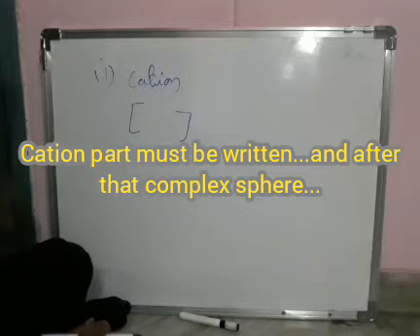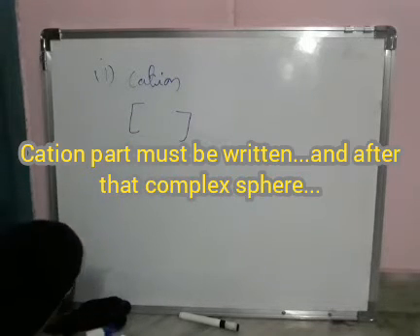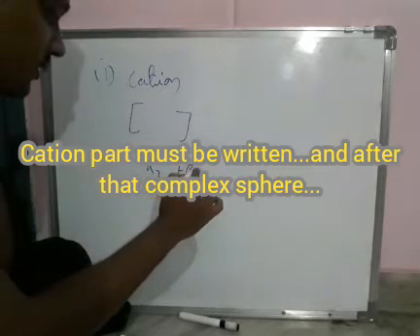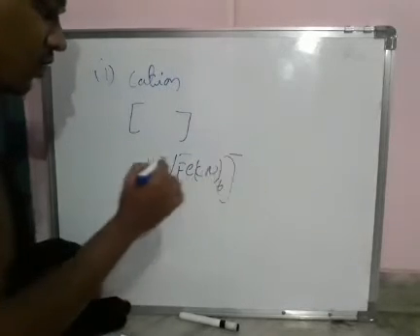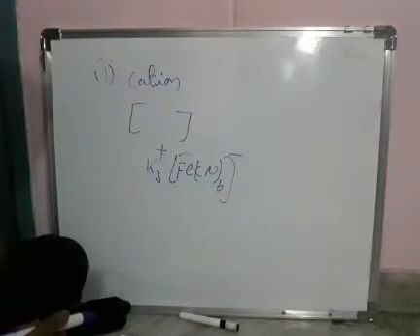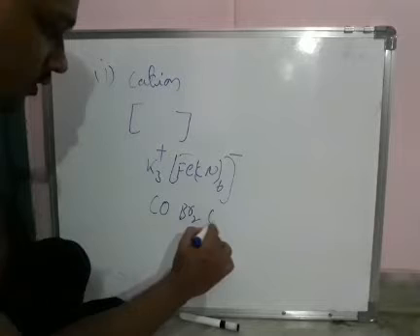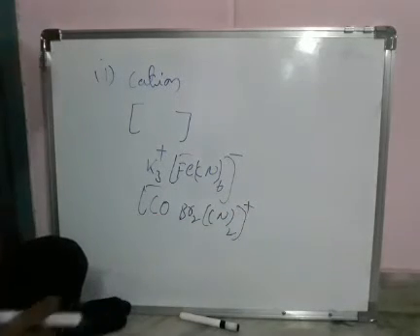Here two types of formulas are there. For example, if you take K3[Fe(CN)6], here this is the negative part, this is the positive part. And similarly, if you take [Co(Br)2(CN)2], it is the positive part.